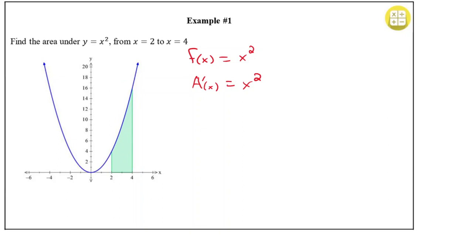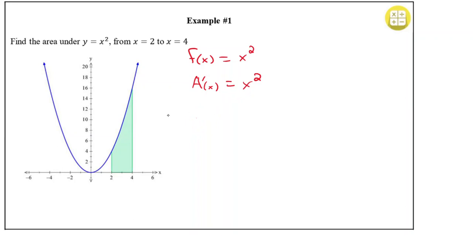All right, so what we've just set up here is a differential equation. If you remember, a differential equation means that we want to find the function that makes this true, because it's saying the derivative of the area function is equal to x squared. So we want to ask, what would the function A of x be that would make that true? What we're going to do now is just take the antiderivative.